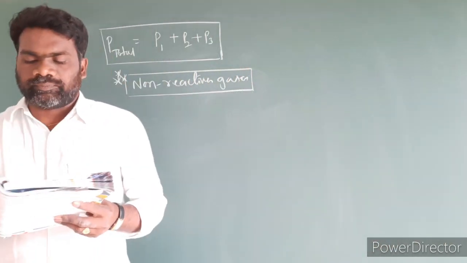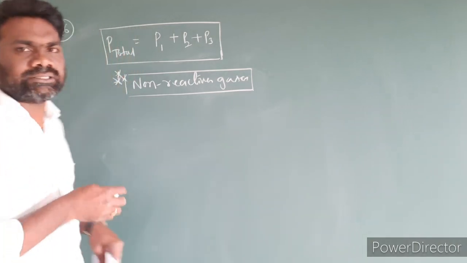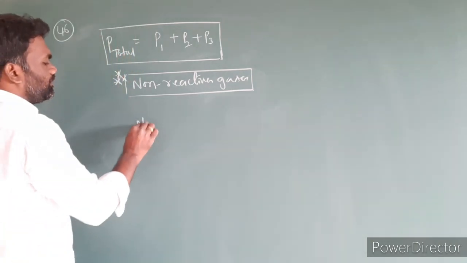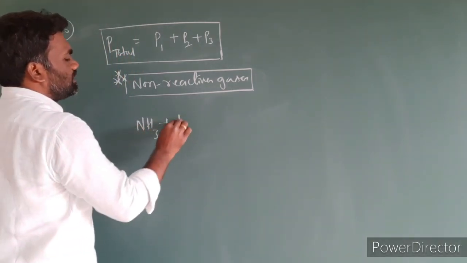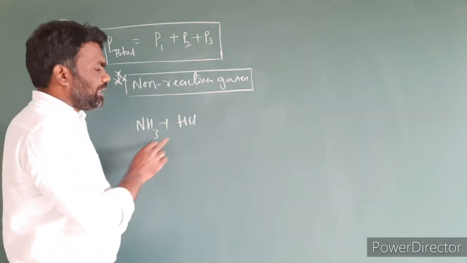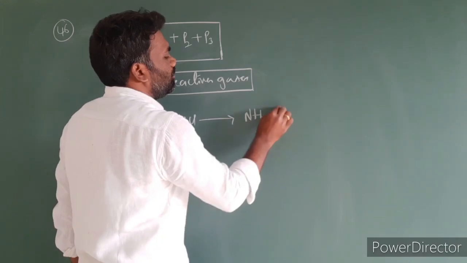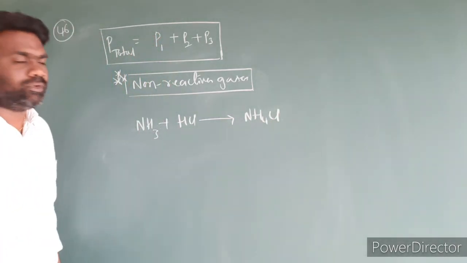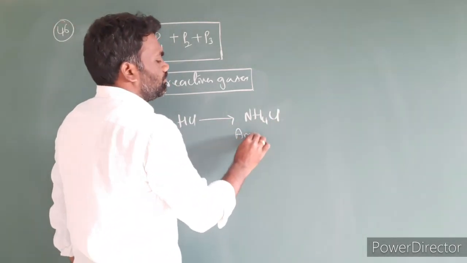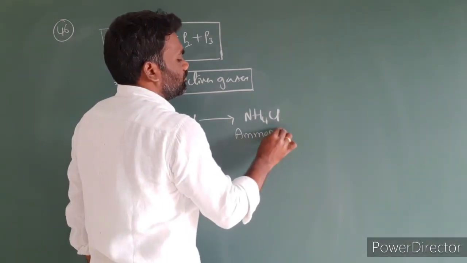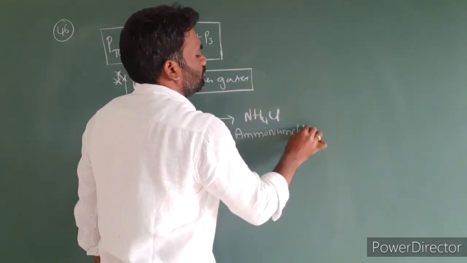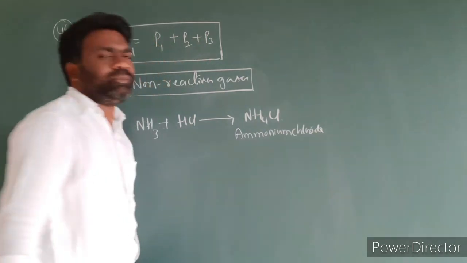Look at the fourth option, NH3 and hydrochloric acid. I am taking NH3, ammonia, plus hydrochloric acid. Ammonia reacts with hydrochloric acid to form ammonium chloride. The product, ammonium chloride, is formed.